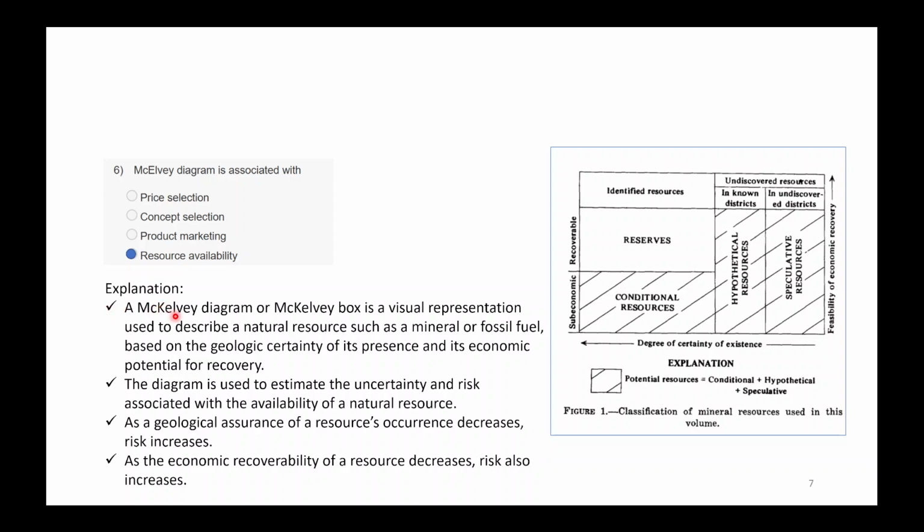A McKelvey diagram or McKelvey box is a visual representation used to describe a natural resource such as a mineral or fossil fuel based on the geological certainty of its presence and its economic potential for recovery. So this is what your McKelvey diagram looks like, and the diagram is used to estimate the uncertainty and risk that is associated with the availability of a natural resource.